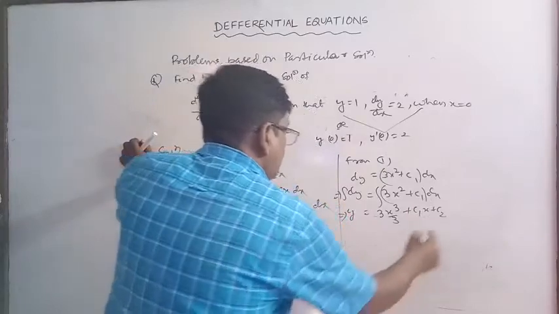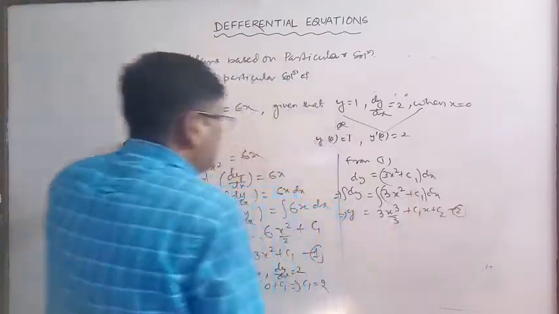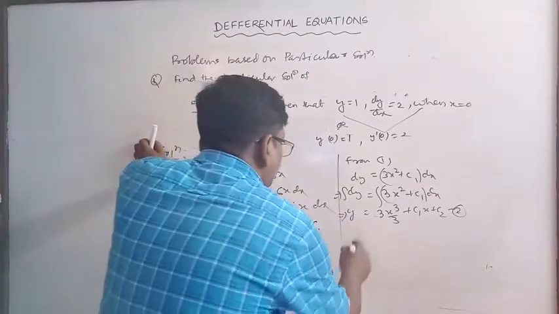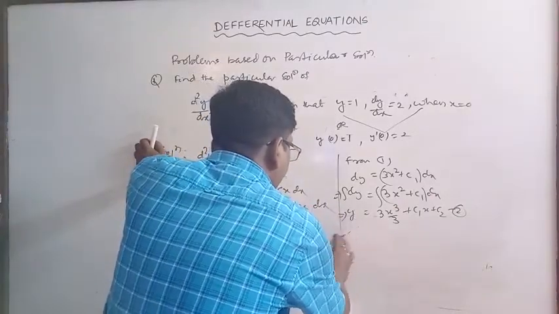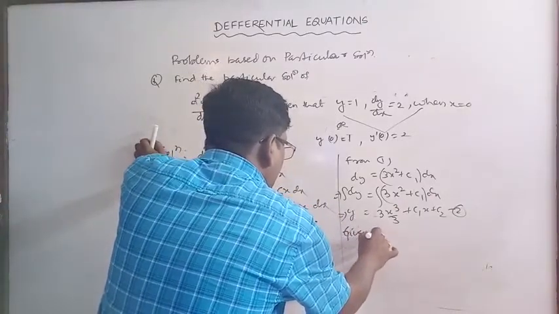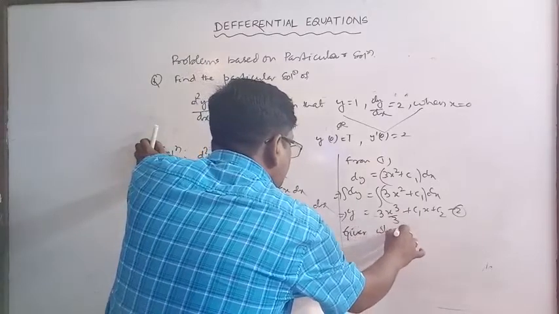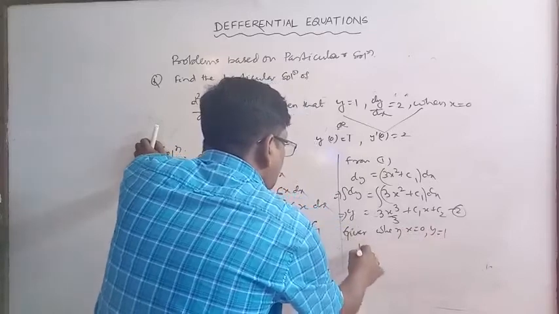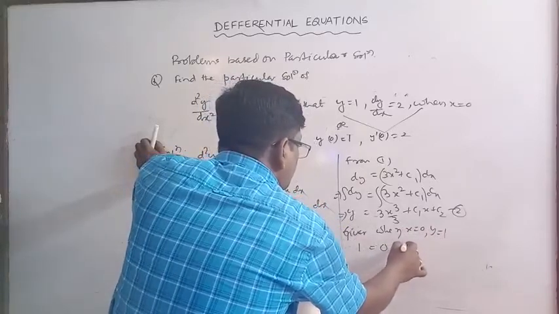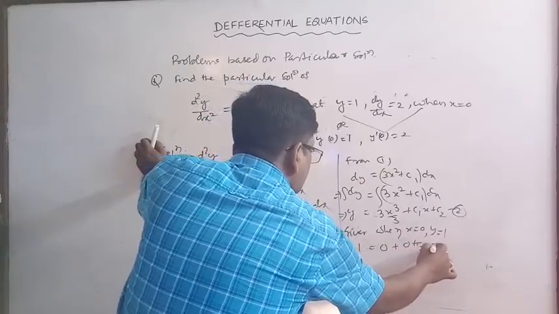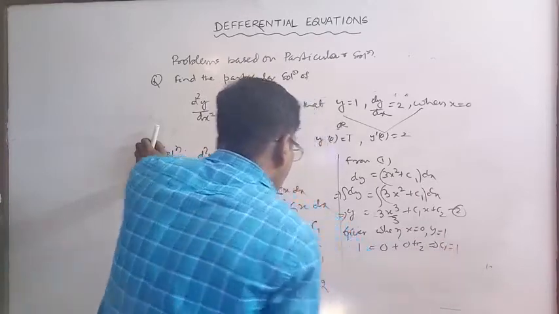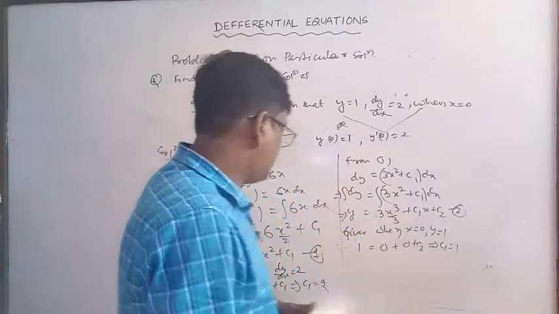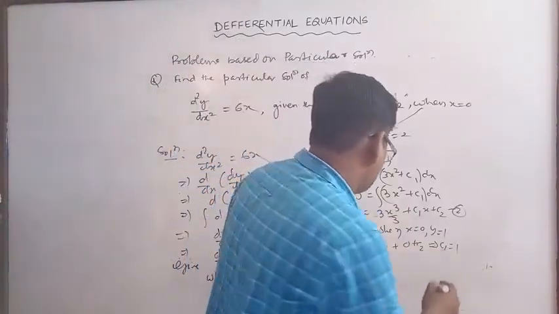This is equation 2. Given that when x is equal to 0, y is equal to 1. So 1 is equal to 0 plus c2. So c2 is equal to 1.